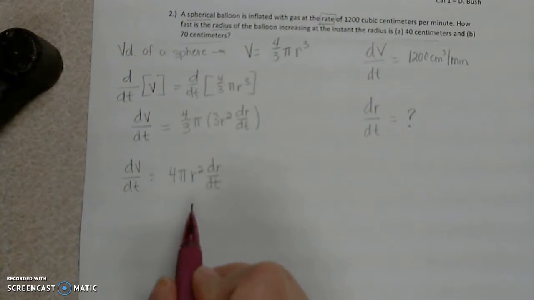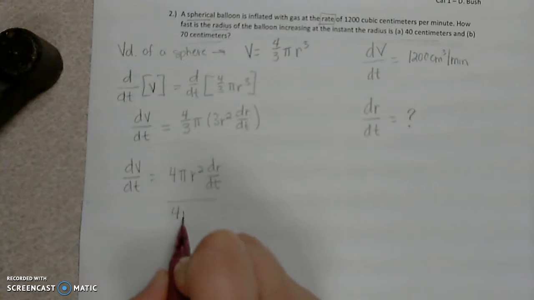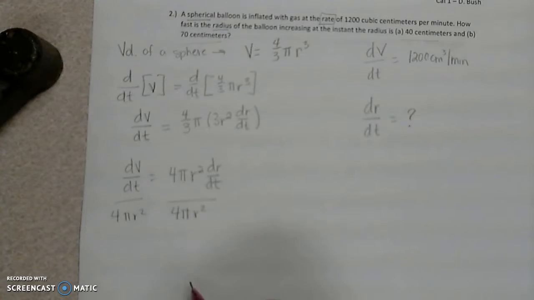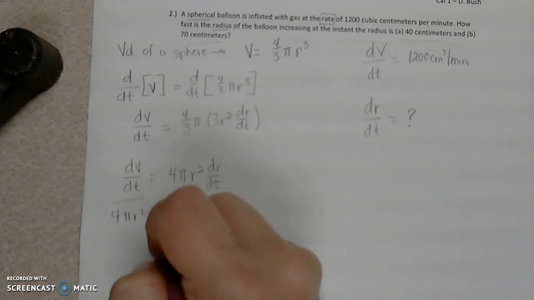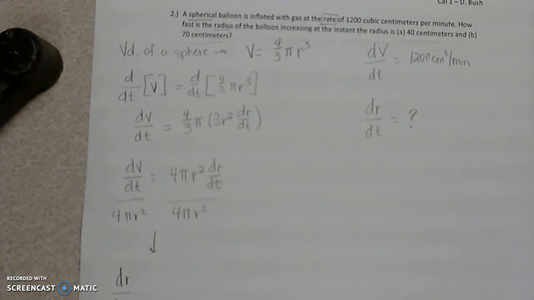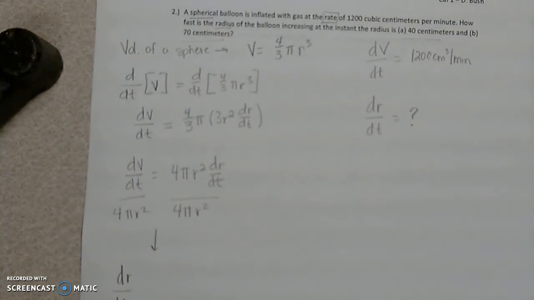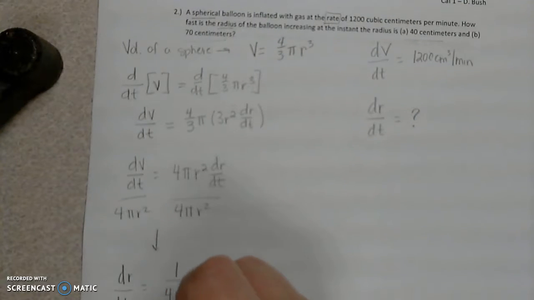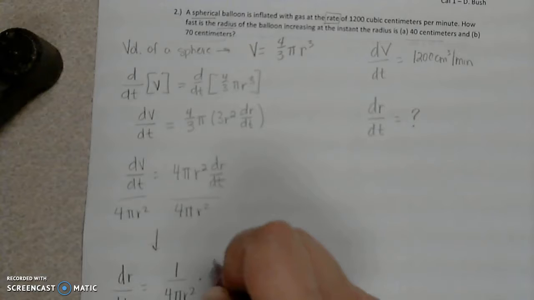To do that, I would divide by 4 pi r squared on both sides. That would leave me the derivative of the radius with respect to time. So this is how the radius is changing with respect to time, which would be 1 over 4 pi r squared times dv dt.